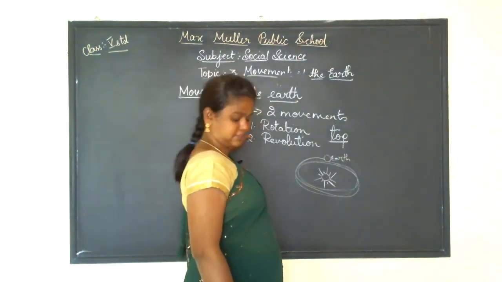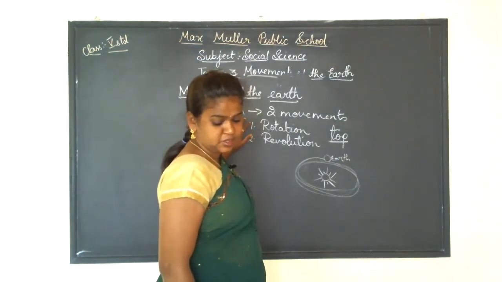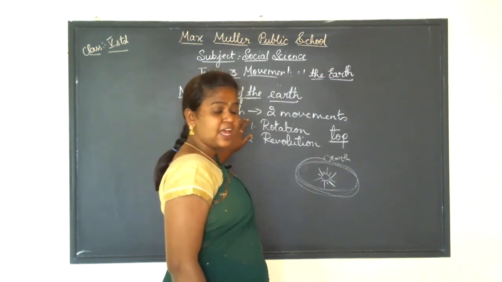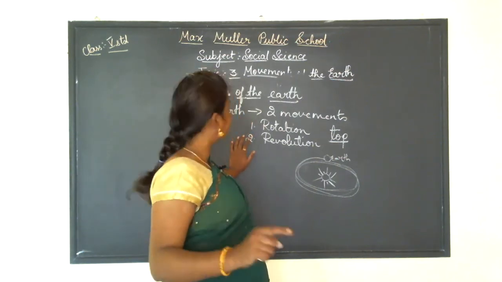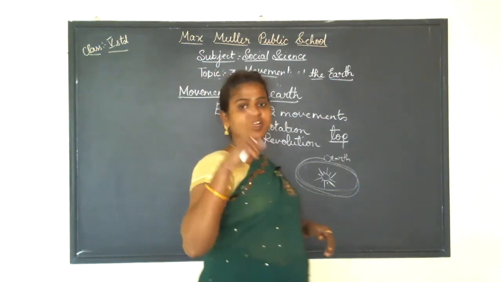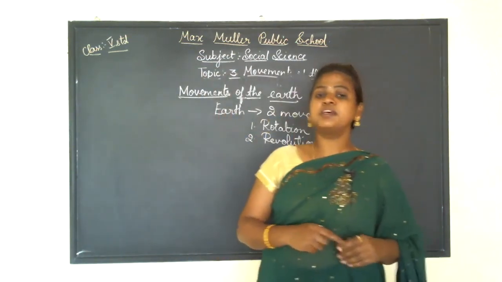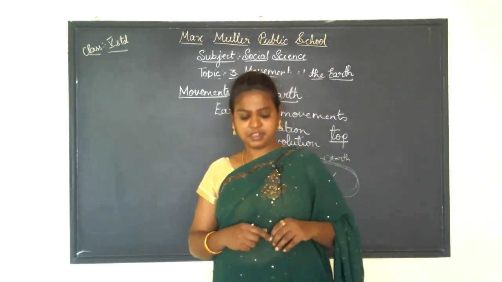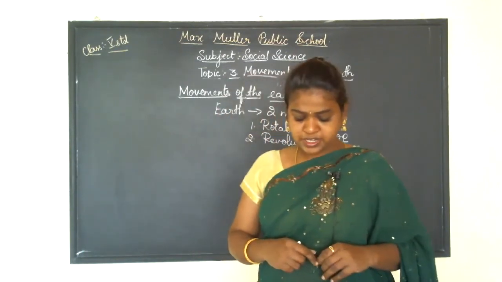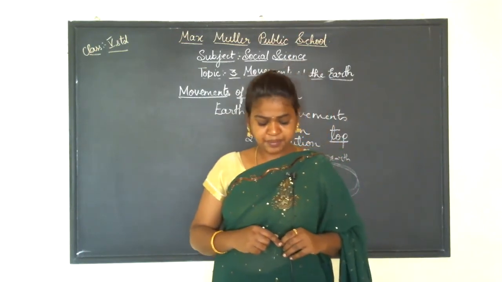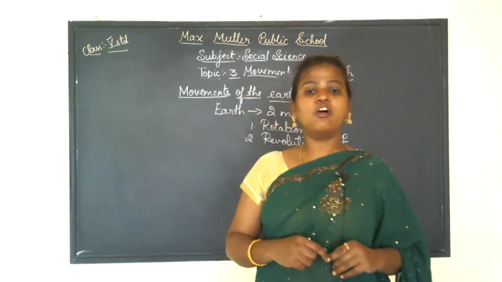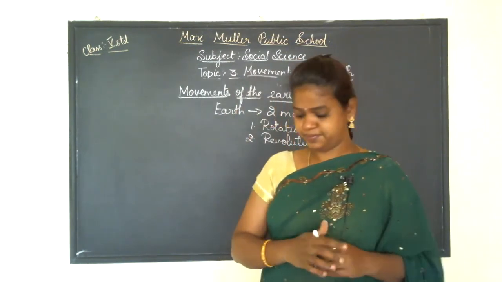I'll just tell you again, the first movement is called rotation, and the second movement around the sun is called revolution. So there are two types of movements of the earth, rotation and revolution. So here let us learn what we mean by rotation, the meaning of rotation.